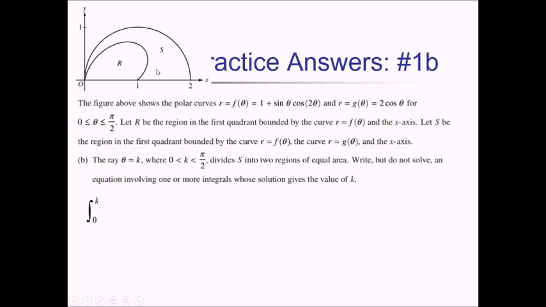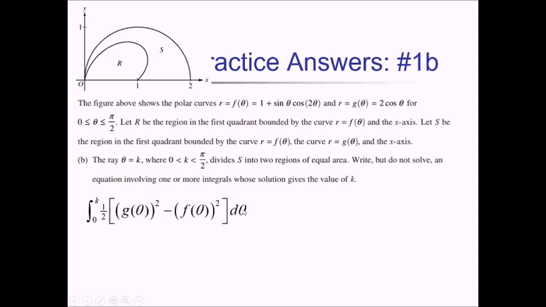So I would have a 1/2 integral of something squared and a 1/2 integral of something else squared, and I would subtract them. Since I'm going on the same interval, though, I could just put those something squareds in the same integral. So here's what I'm going to write. I'm going to go integral from 0 to k of 1/2 of, and now I'm going to do g squared minus f squared.